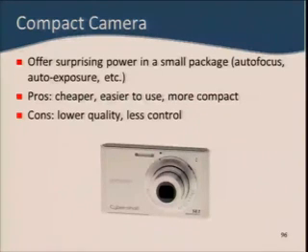The advantages and disadvantages, I think even without going through this slide, you should know. The advantages are that a compact camera is usually cheaper, easier to use, more compact, and very convenient to carry around. The disadvantage is that you have less control. Therefore, the quality of the pictures you capture usually tends to be a bit lower compared to the professional camera.